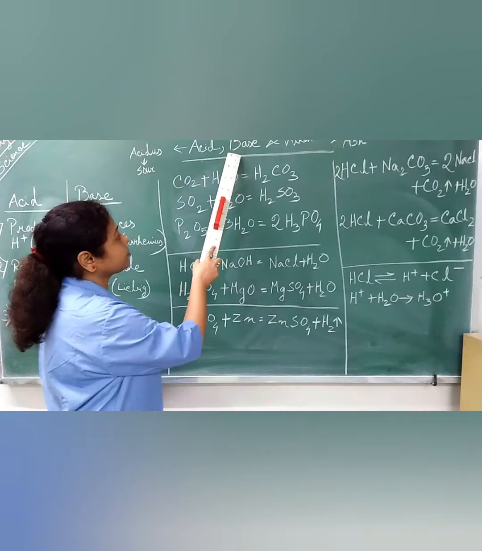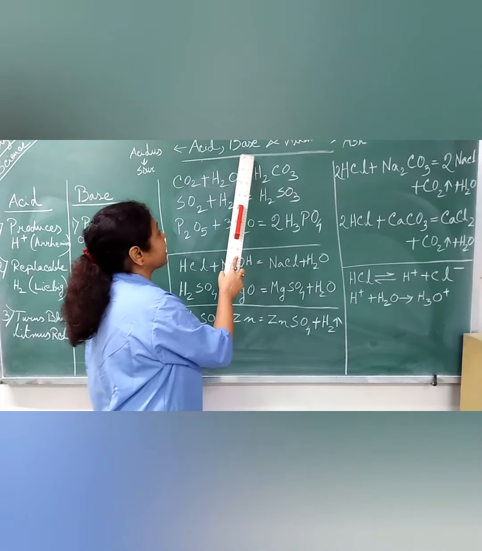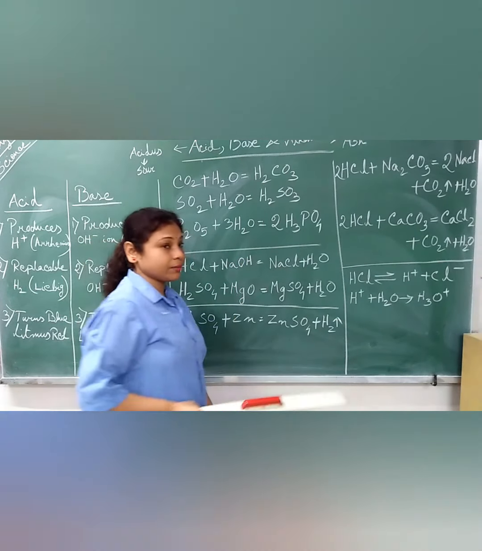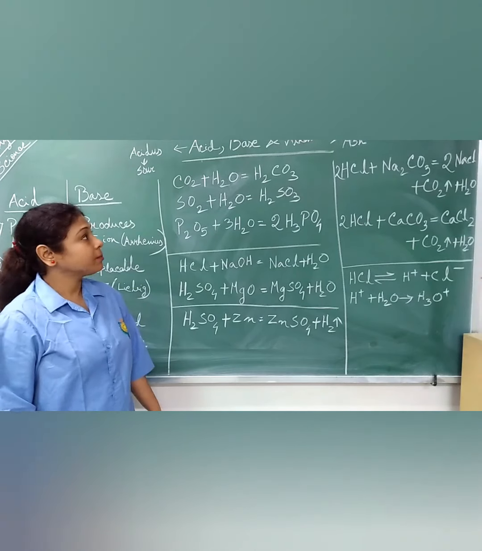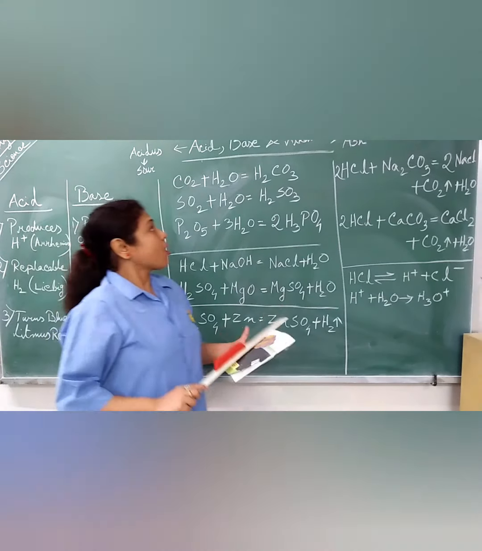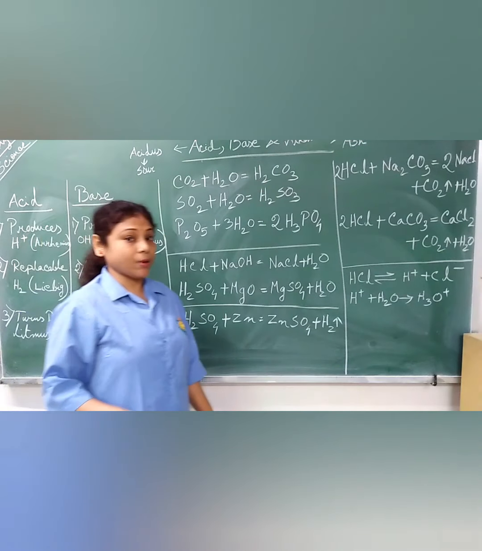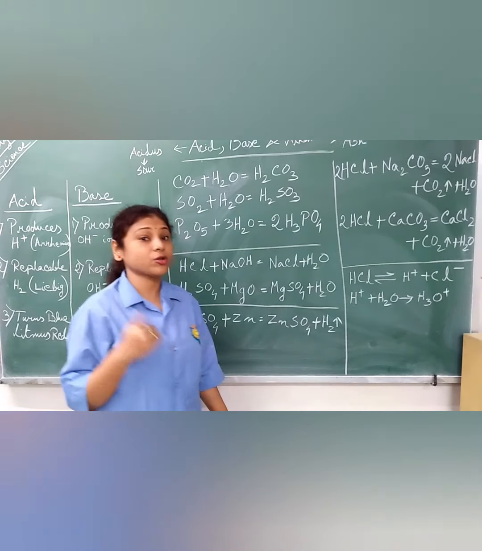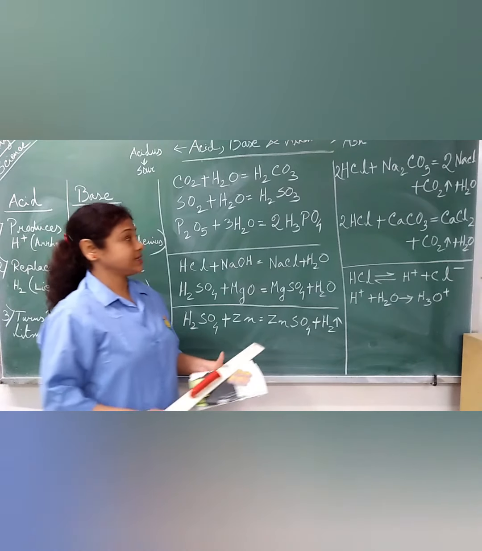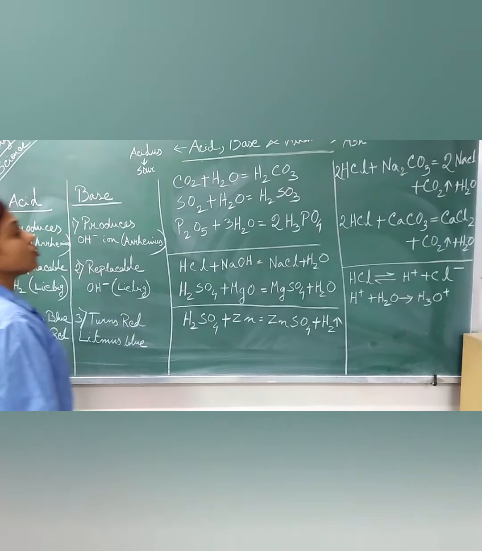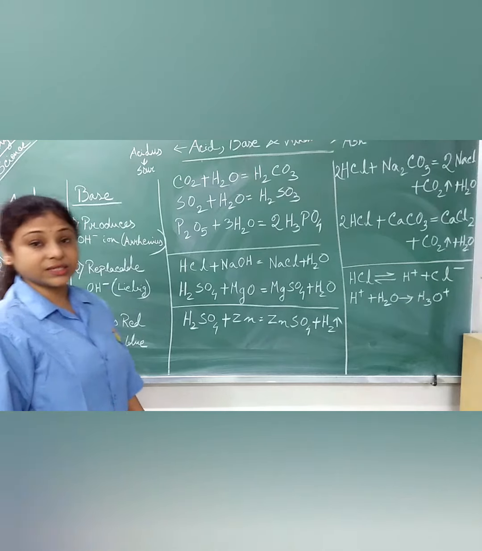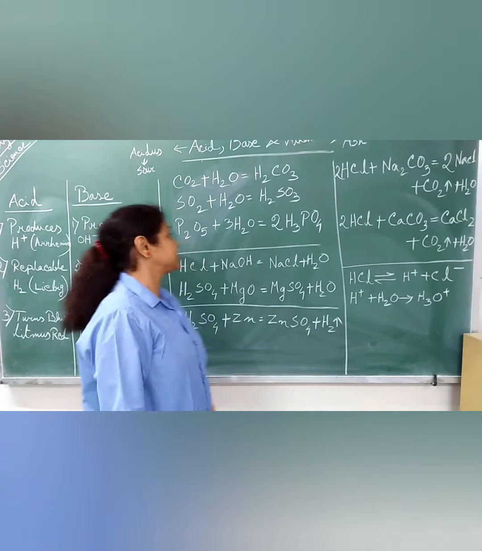Now one more thing, I have written base also. Base and alkali are quite similar. All alkalis are bases, but not all bases are alkalis. Water soluble bases are called alkalis.